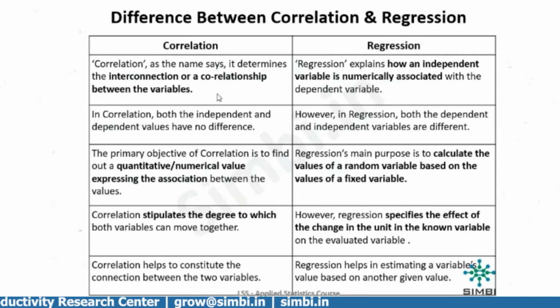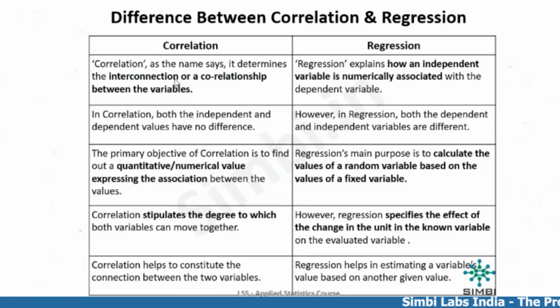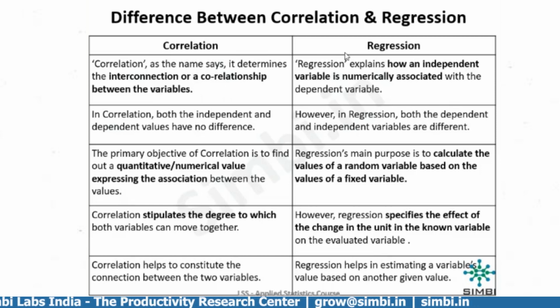We also need to know about the difference between correlation and regression. Correlation, as the name says, determines the interconnection or co-relationship between the variables. Regression explains how an independent variable is numerically associated with the dependent variable. So that is the difference.